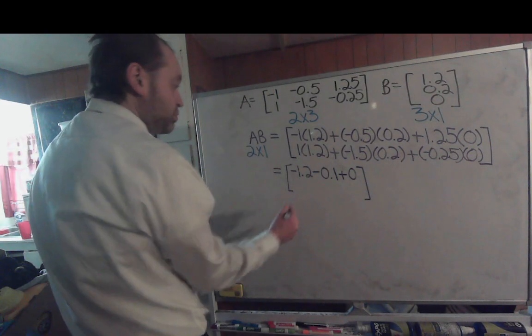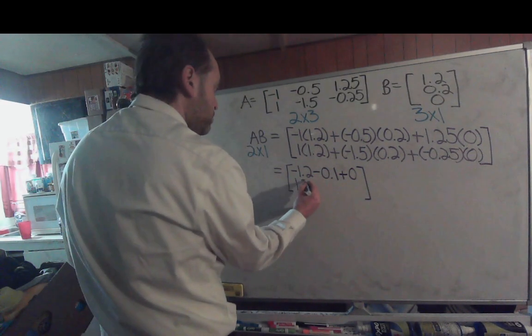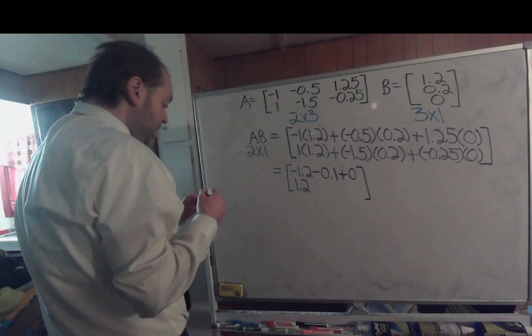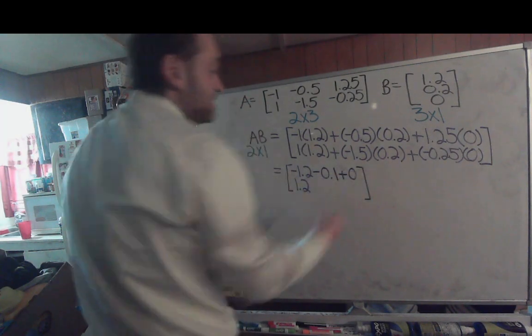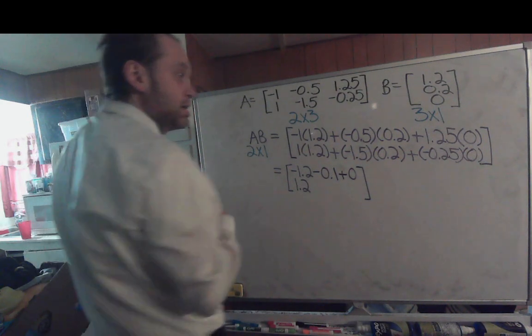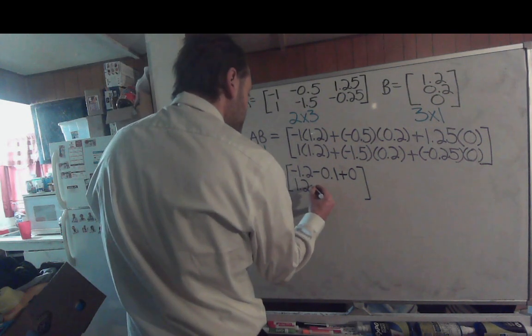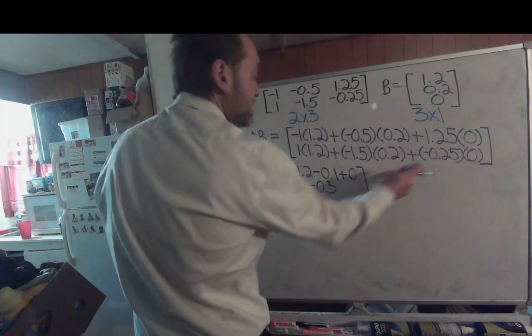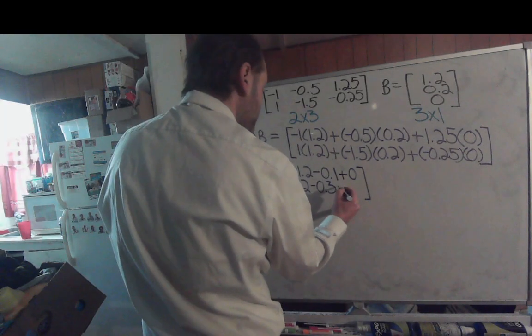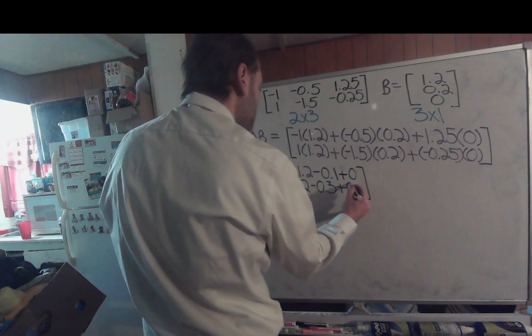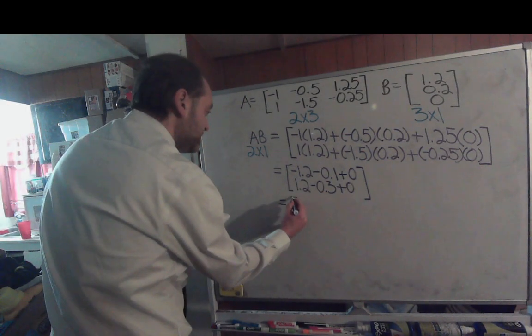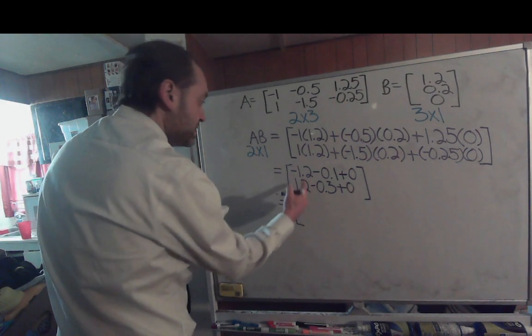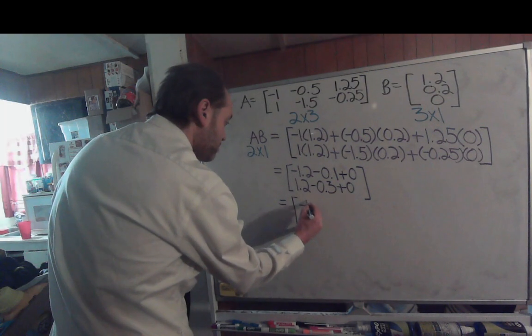Now 1 times 1.2 is just that, 1.2. Negative 1.5 times 0.2, that should be minus 0.3. And then negative 0.25 times 0, well, that'd be plus 0. Which should end up giving you a matrix of negative 1.3.